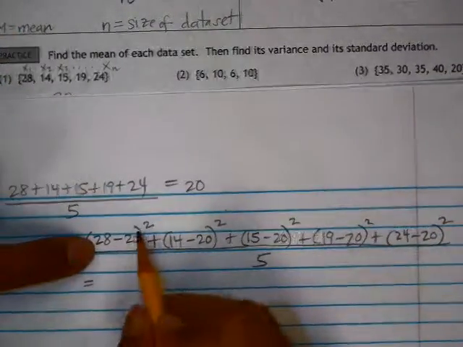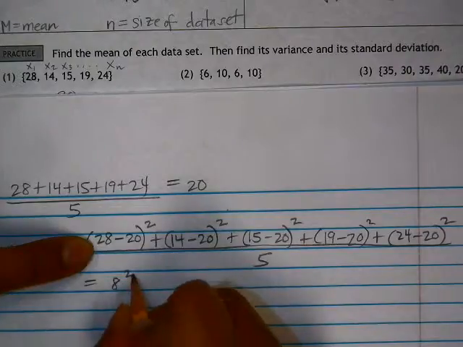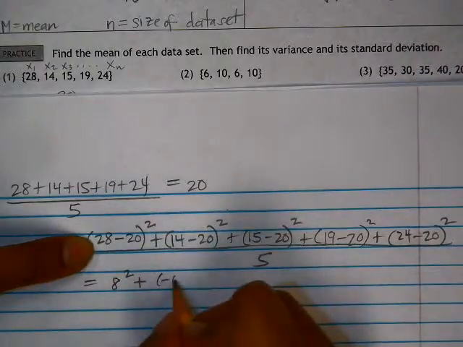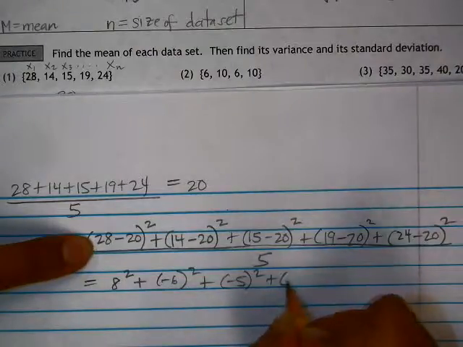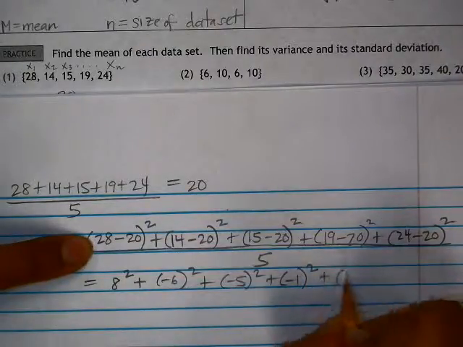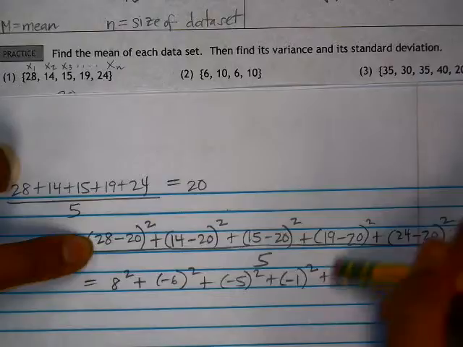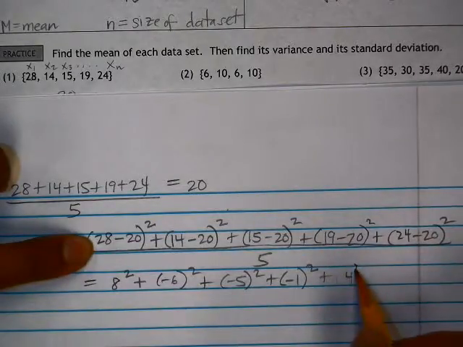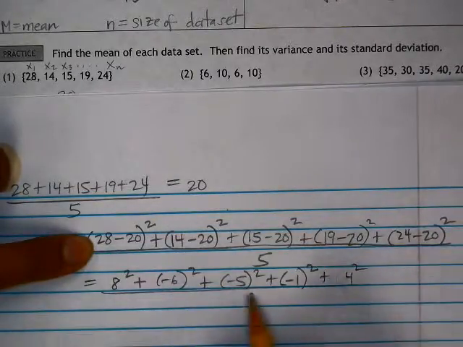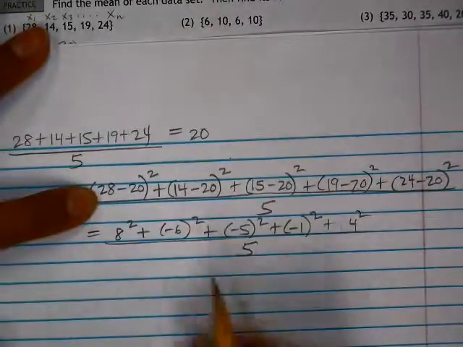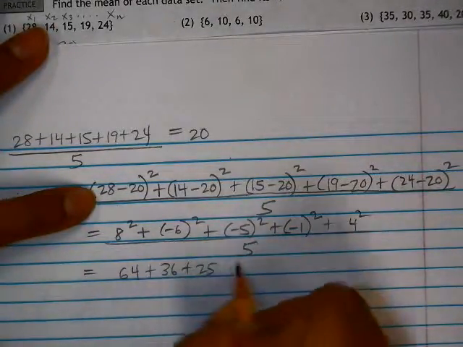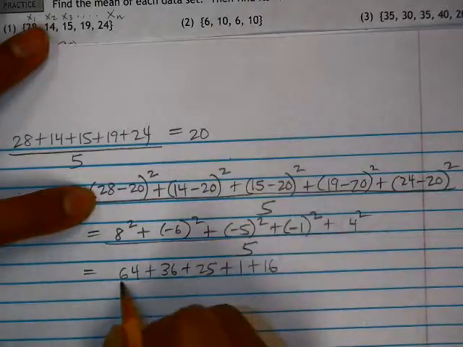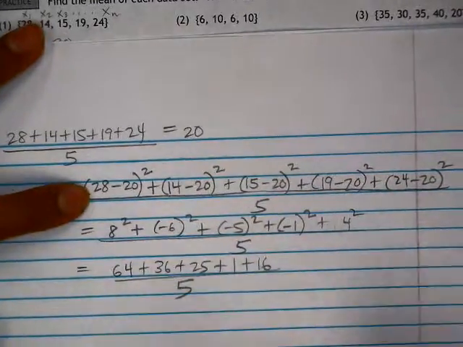All right, here we have 8 squared plus negative 6 squared plus negative 5 squared plus negative 1 squared plus 4 squared, all of that divided by 5. So 64 plus 36 plus 25 plus 1 plus 16, all divided by 5.